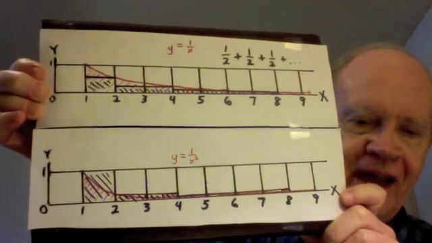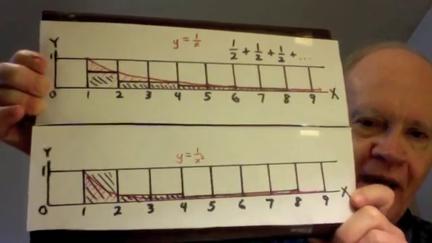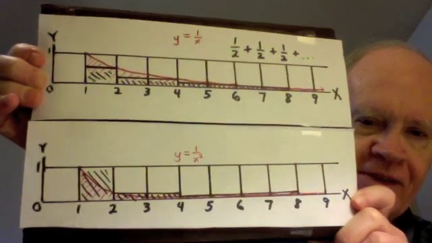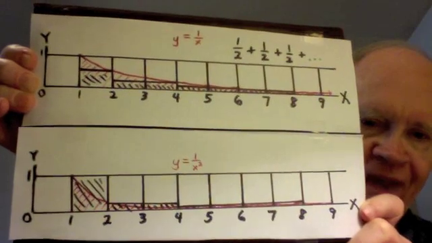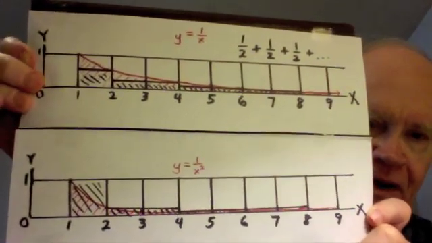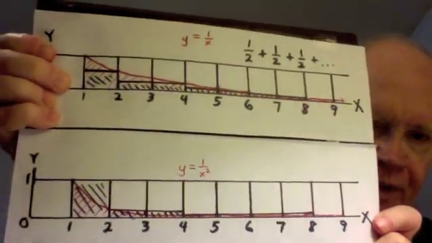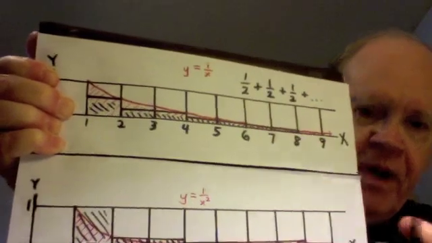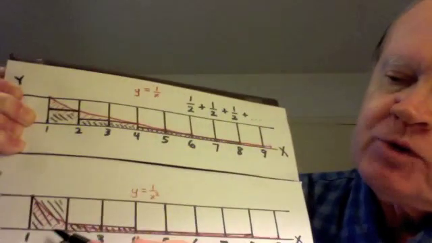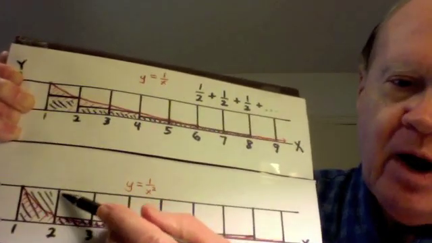Now I do something like that with the other graph, the graph of the equation y equals 1 over x squared. This time, though, my rectangles will be more than the area under the graph. Each rectangle, as in the other situation, will be twice as long as the previous one. The first rectangle is actually a square, 1 by 1. That's an area of 1.